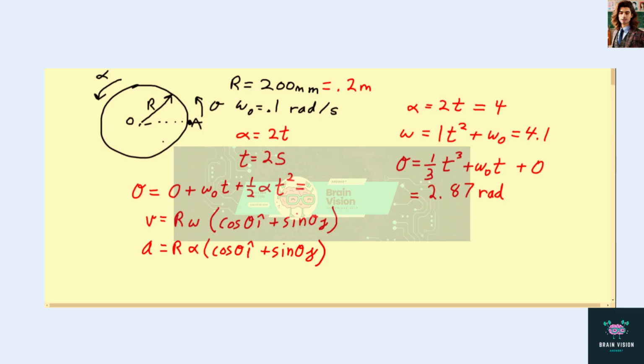And one quick correction here, I messed up the i hats and the j hats, and we need to be very careful with these. So I just wanted to double check that. But we noticed that at theta equals 0, a cosine of 0 would give 1, and we're only moving in the vertical direction at that point. So cosine here must be associated with the j hat term.